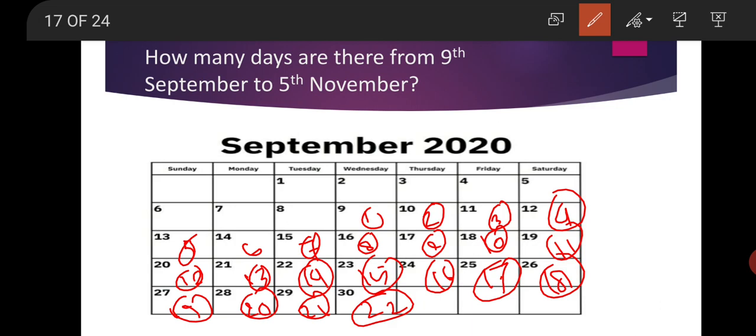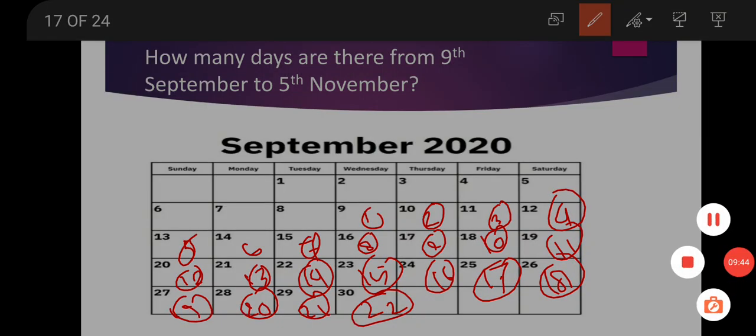So, what I said? The number of days from 9th September to 30th September is 22. But student, if I say the number of days between 9th and 30th, then you can say there are a total of 21 days. Okay student?